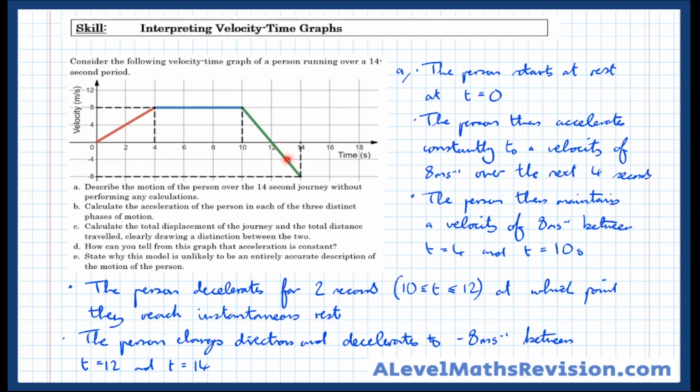And this part here, just to clarify, it's moved from having velocity 0 to having an even lower velocity, minus 8. So even though the velocity is getting more negative, that means the particle's speeding up, but just in the negative direction back towards where it started. So that's the description of what that velocity time graph shows.